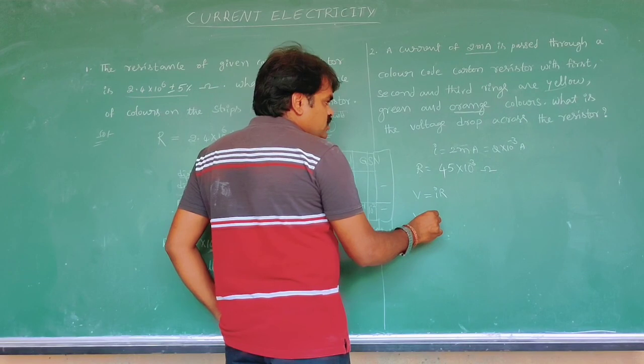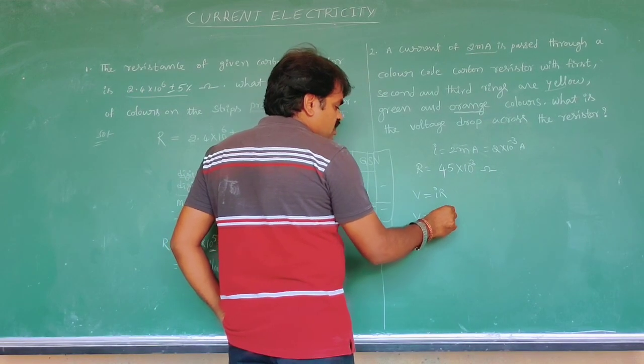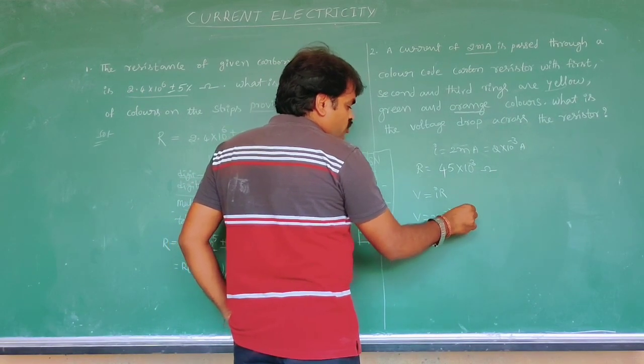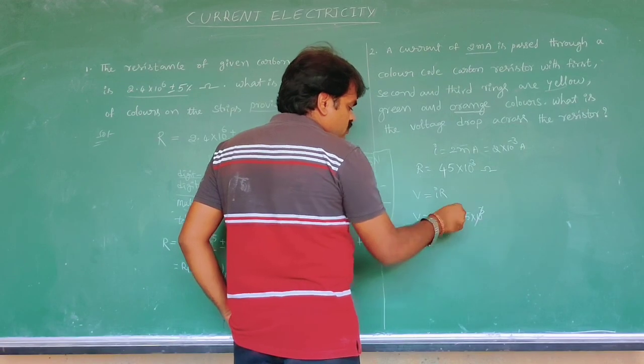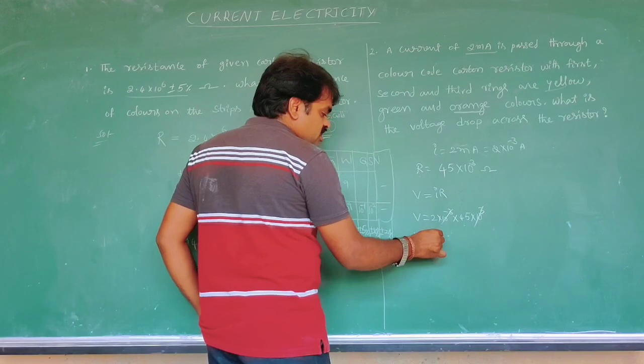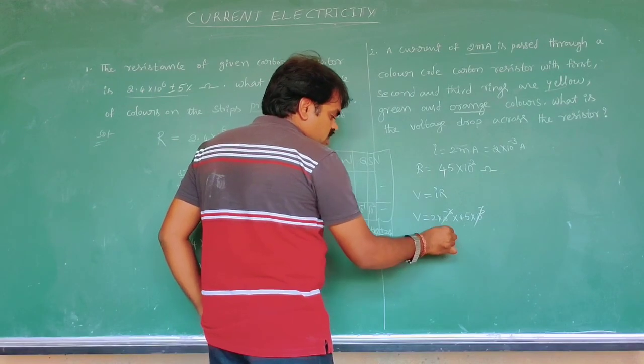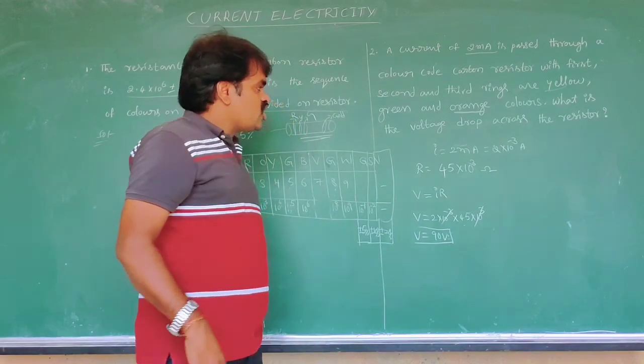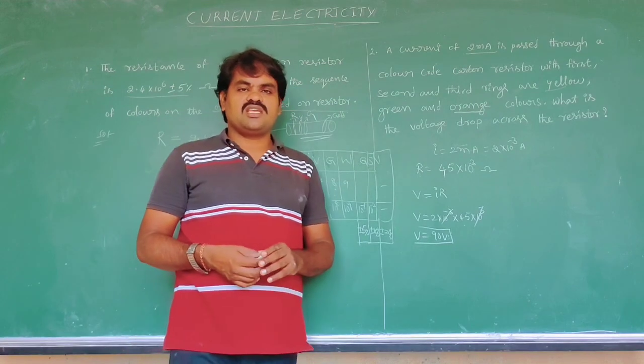V is equal to 2 into 10 to the power of minus 3 times 45 into 10 to the power of 3. Then they cancel. V is equal to 45 times 2, which is 90. So the potential drop across the resistor is 90 volts.